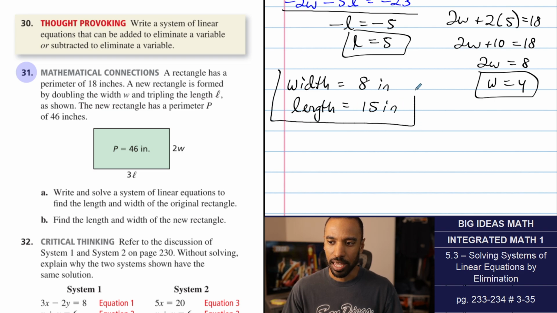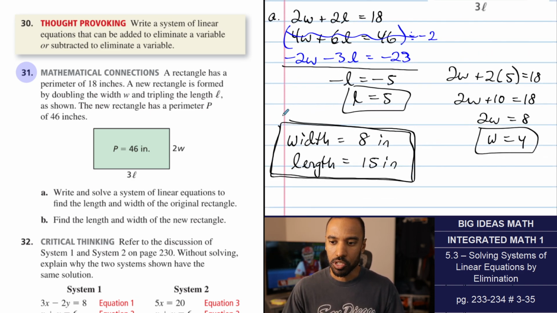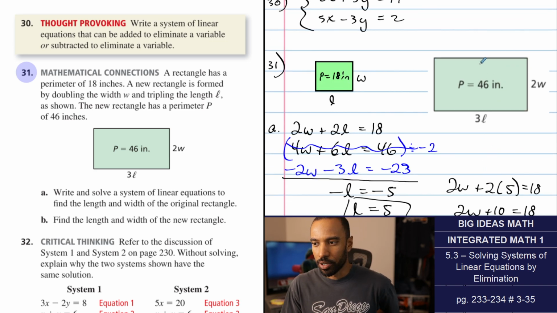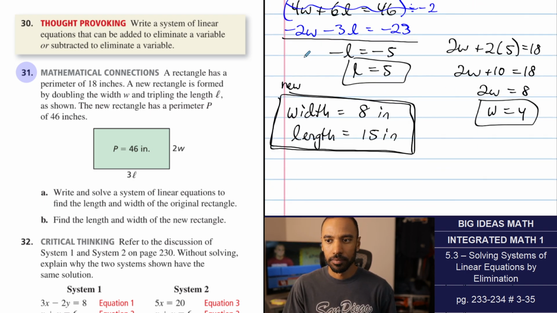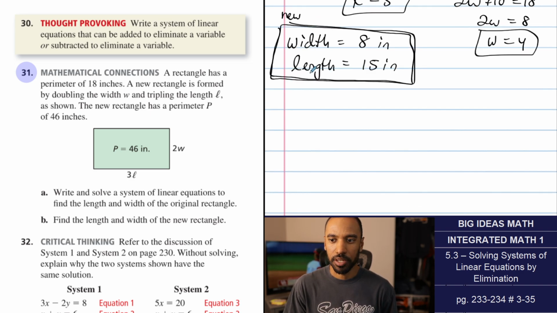Let's kind of double check that as well. Remember, this is for the new rectangle. 8 plus 15 is 23. Doubled is 46. So yeah, that does work. Okay. That was part B. I don't know how to show where part B begins, but there it is.